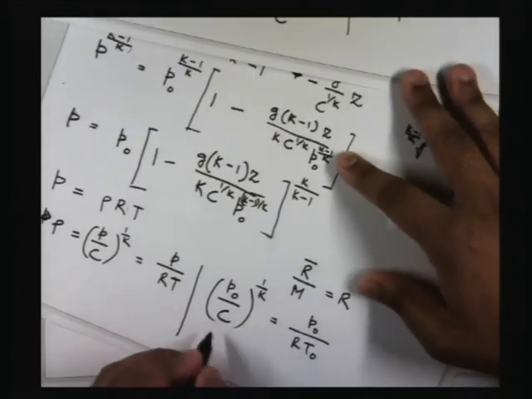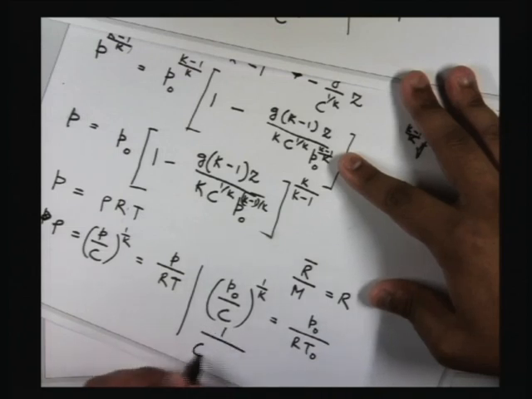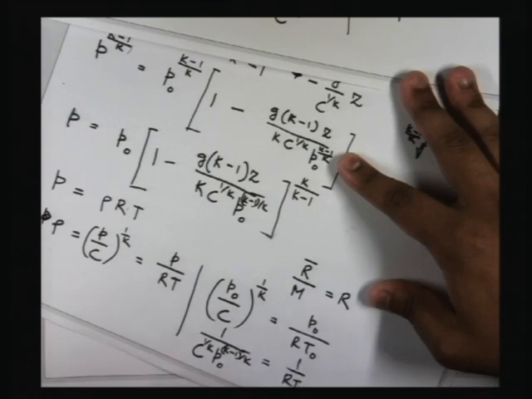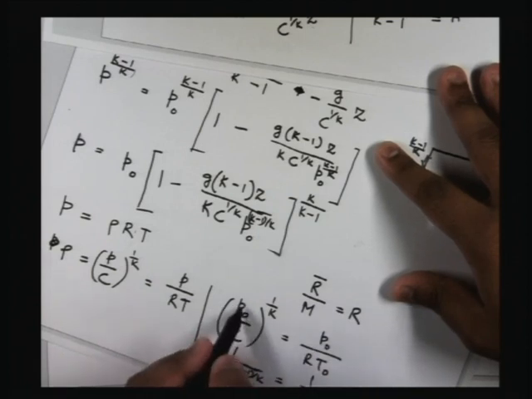That means here we can write 1 by C to the power 1 by k equal to 1 by R T naught. This we can write, right? I've just brought this P on this side and brought this P from the top to the bottom.